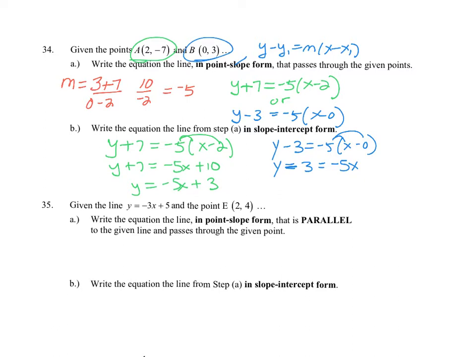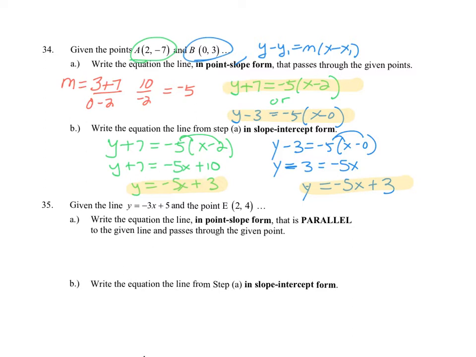And then if we move that 3 over to the other side, we get y equals negative 5x plus 3. So what we look at here is that whether we use that for our point slope form or this for our point slope form, you can see that when we rearrange them into slope intercept, they're the same answer.